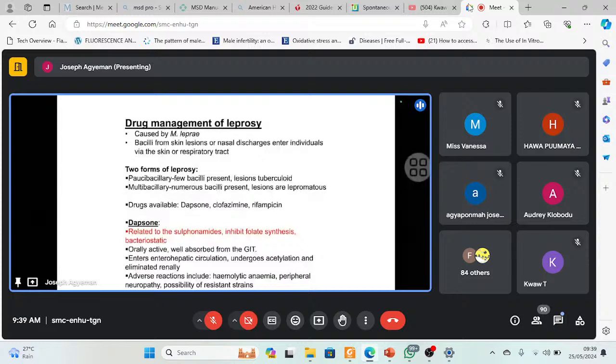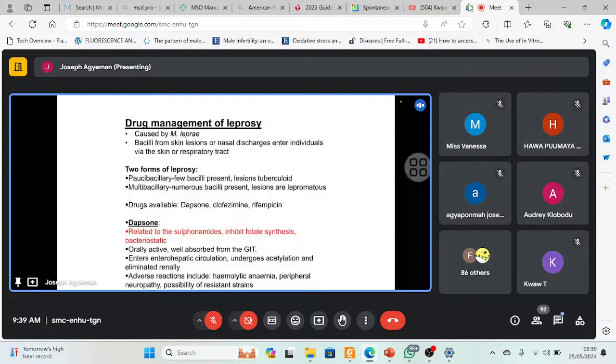But WHO guidelines, for example, mainly classify this condition into two: the paucibacillary type and the multibacillary type. The paucibacillary type is also known as the tuberculoid type of leprosy. In this case, there are few lesions. Hardly will it go above 5 skin lesions.